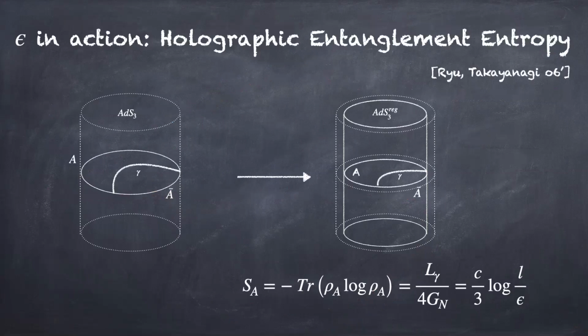As an example, when we're computing the von Neumann entropy of a region A in a two-dimensional holographic conformal field theory, the setup is described in this picture here.